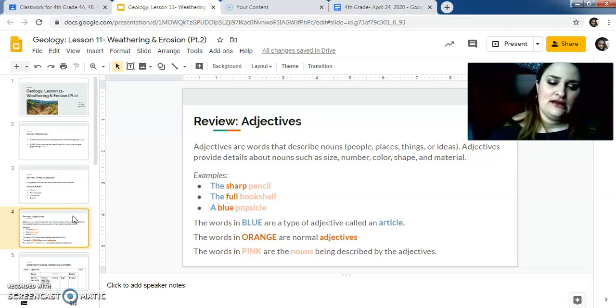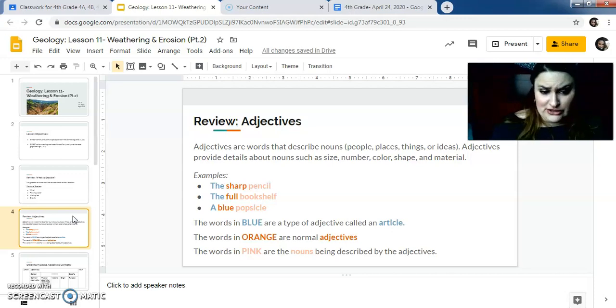So the, a, and, those are all different articles. They basically are just telling whether it's a specific noun or something non-specific. That's basically it. It's not really that important that you know that.